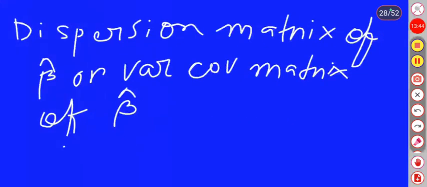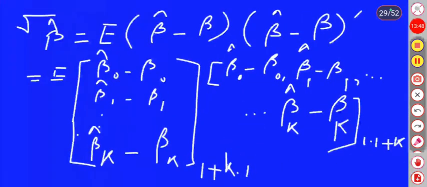So the dispersion matrix of beta hat, or variance covariance matrix of beta hat, can be expressed as variance of beta hat is equal to the expected value of beta hat minus beta into beta hat minus beta transpose. In the matrix format we can show it as the expected value of beta naught hat minus beta naught, beta 1 hat minus beta 1, up to beta k hat minus beta k.